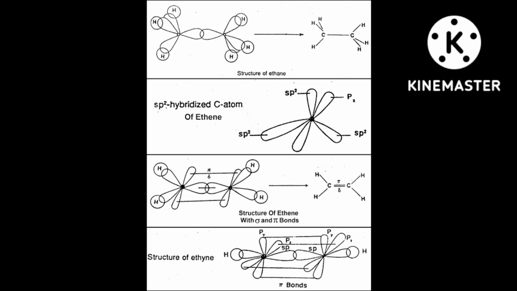When dsp2 hybridization takes place, 1d, 1s and 2p atomic orbitals are involved. Then the hybridization is called dsp2.